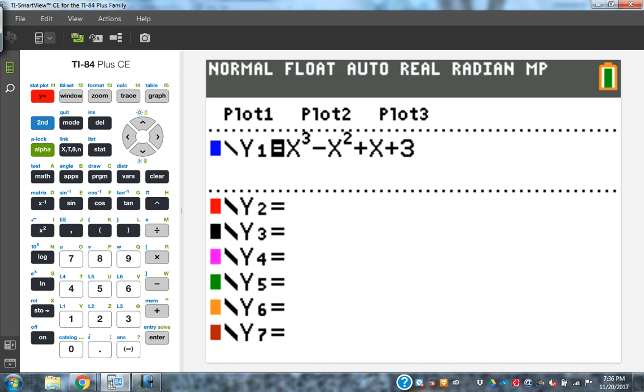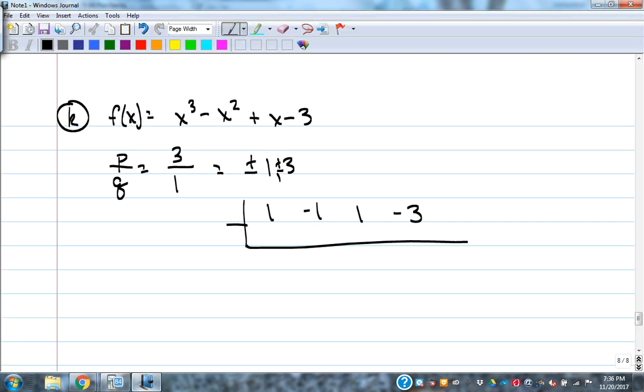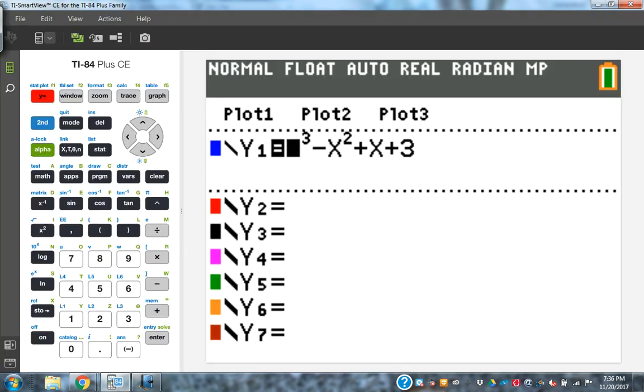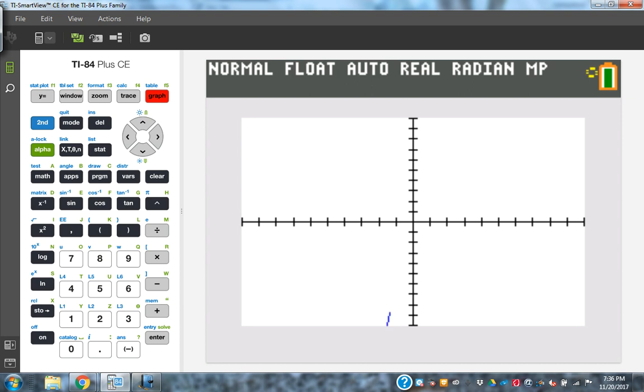Is it plus 3 or minus 3 that I wrote? I wrote minus 3. Sorry, and I typed in a plus 3. That'll make a difference. I didn't do what I wanted to do.